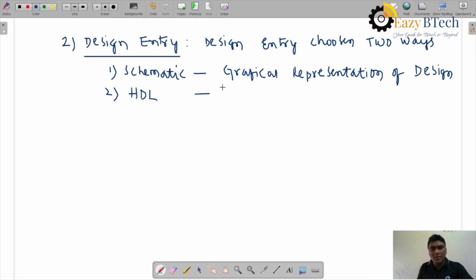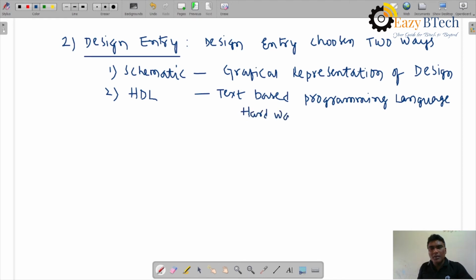HDL is a text-based programming entry, a text-based programming language, that is nothing but a hardware description language. So this is called HDL.